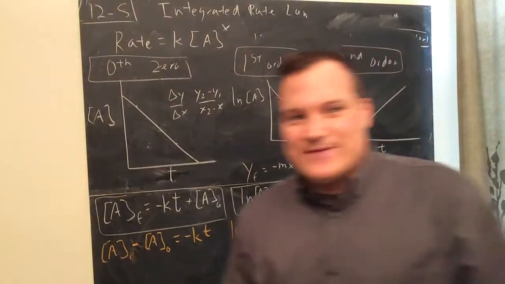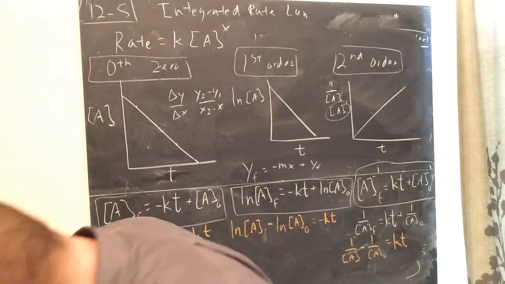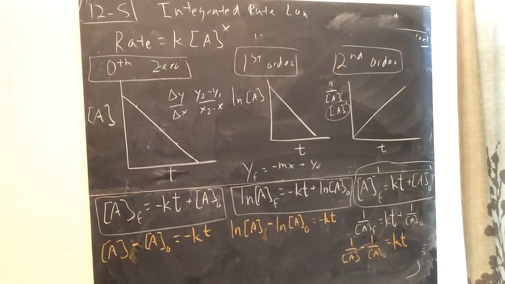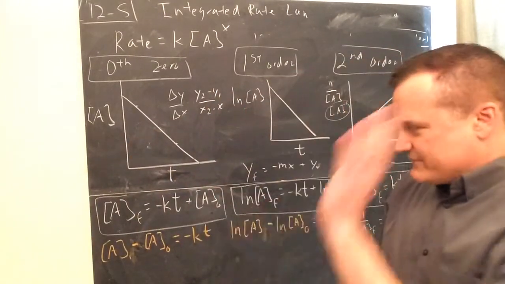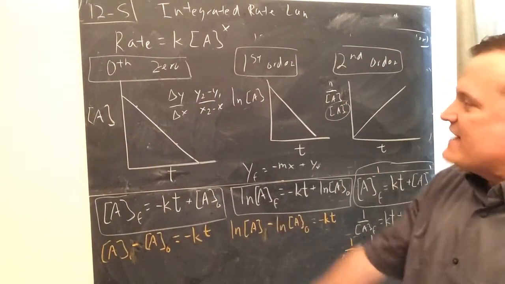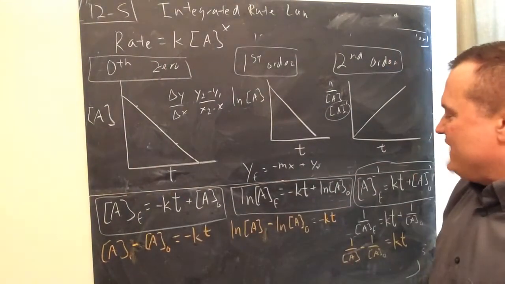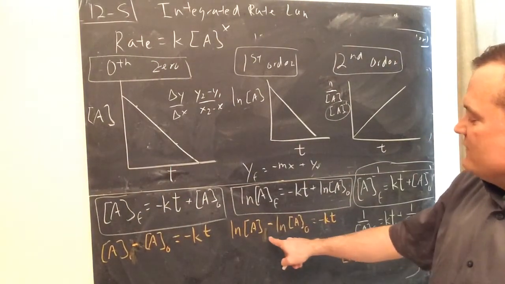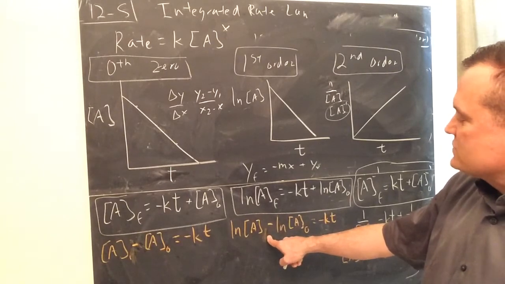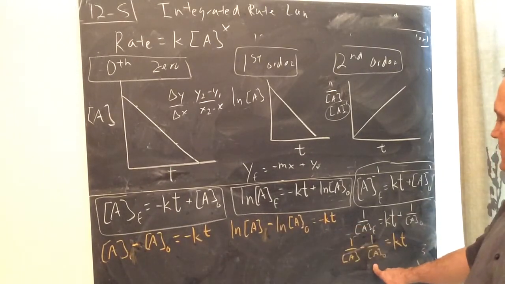Now, here is a little history lesson, just out of curiosity. As I told you, for like 70 or 80 years, they never put a zero order on the AP exam. Never. For all those years, they always gave you this equation for first order and this equation for second order.